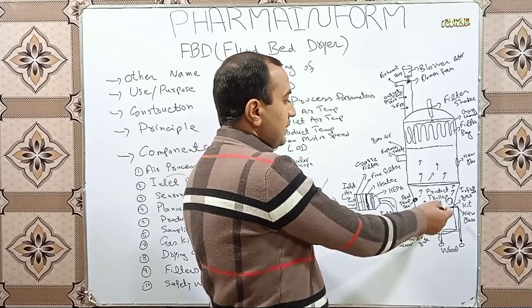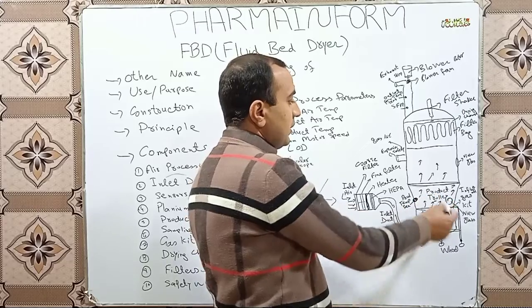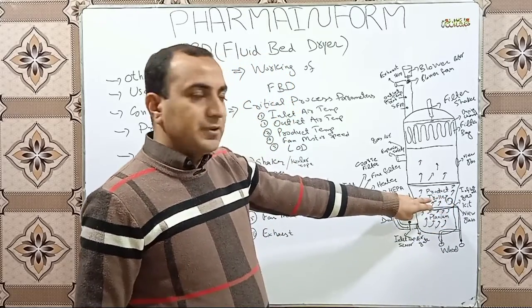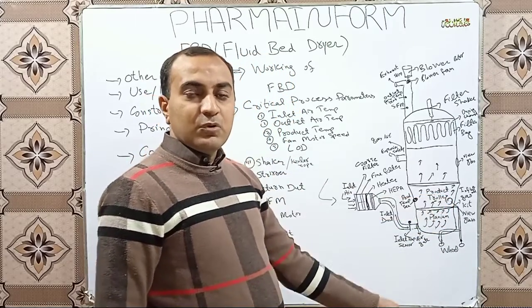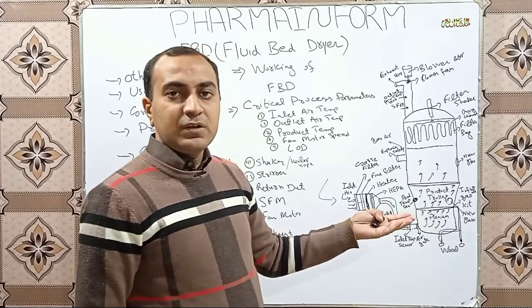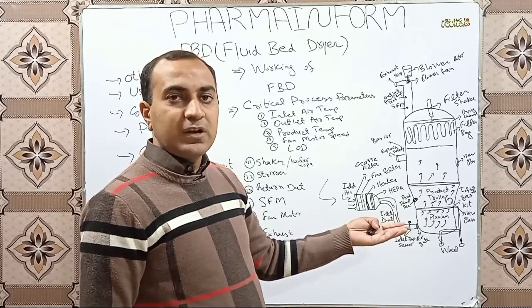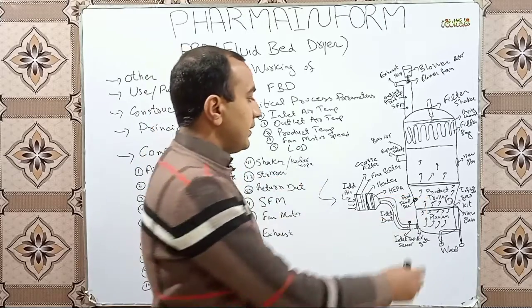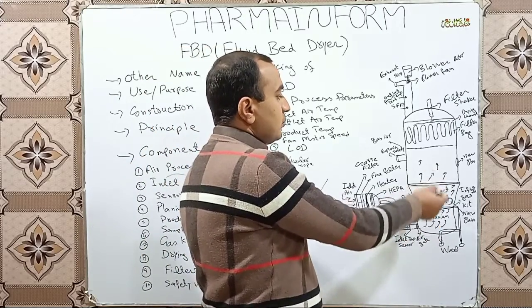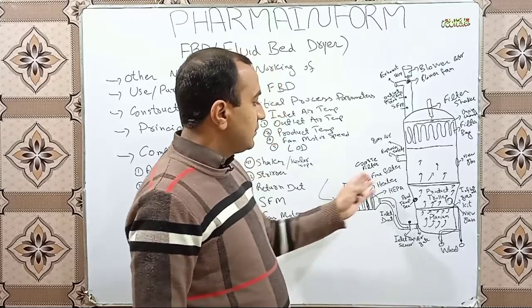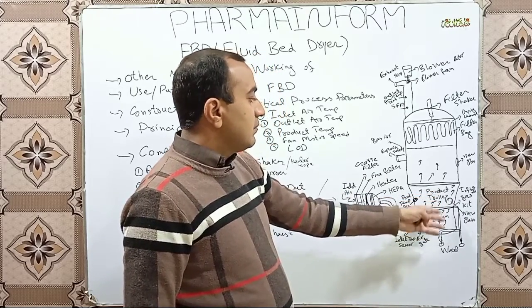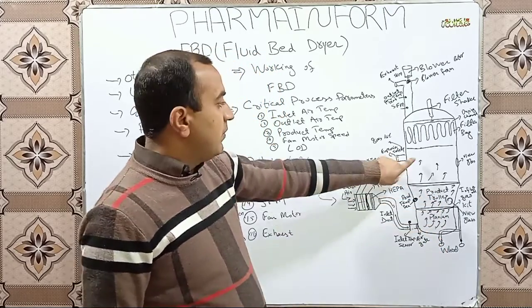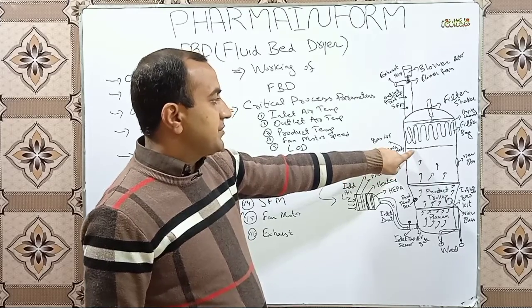This air comes in contact with our product, and after a specific time, because at the start the product is very heavy due to the moisture content, when it becomes a little dry it comes into fluidization, meaning this air pressure pulls our product upward in the drying chamber.